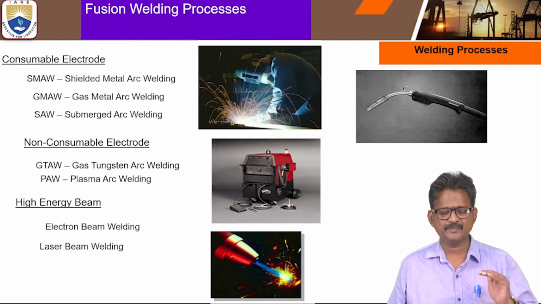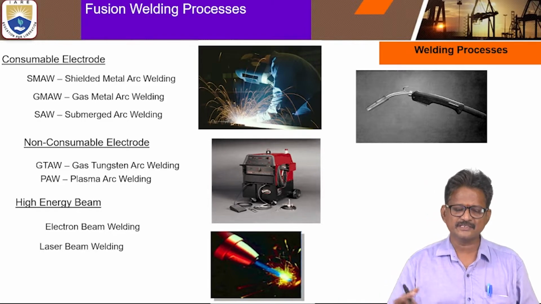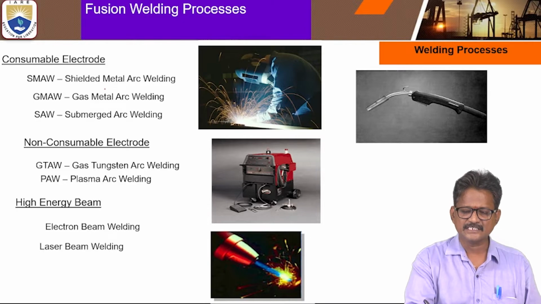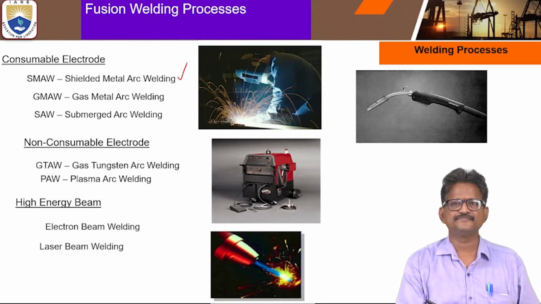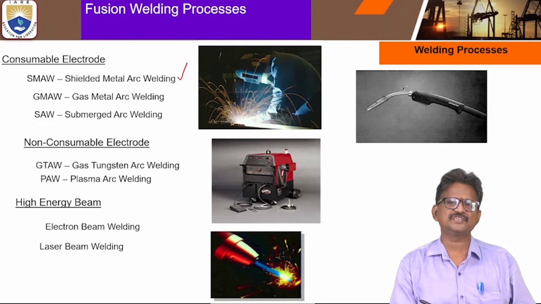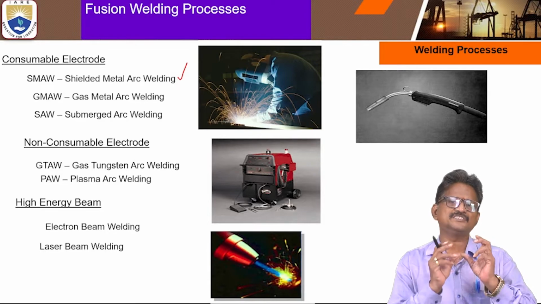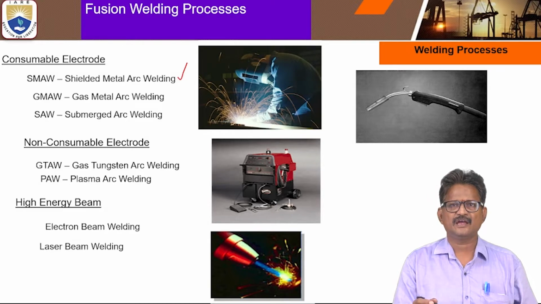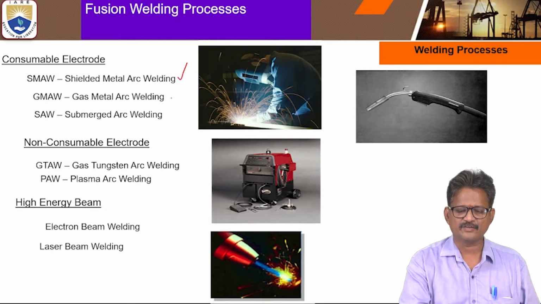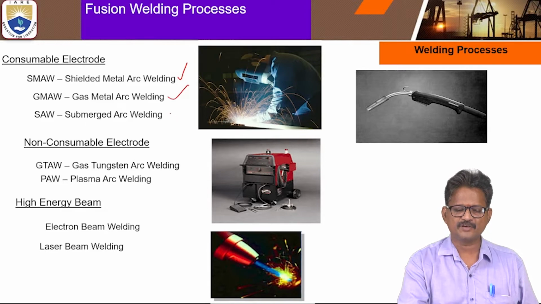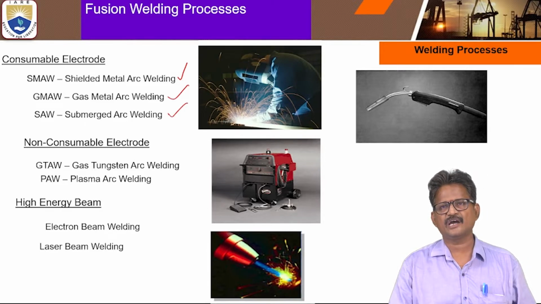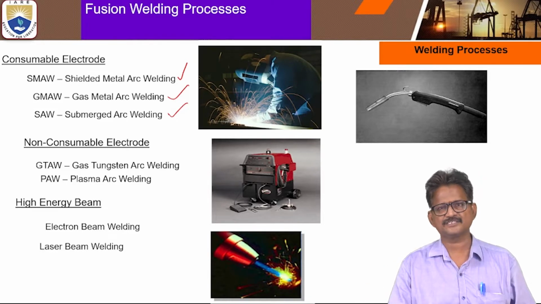Where the consumable electrode is used, it is again classified into three types: shielded metal arc welding, which I explained in the previous session, gas metal arc welding and submerged arc welding. The other two welding processes I am going to explain in detail in the next session.